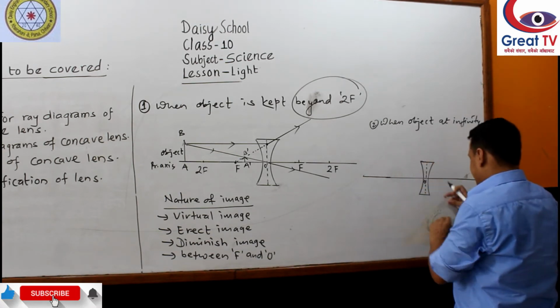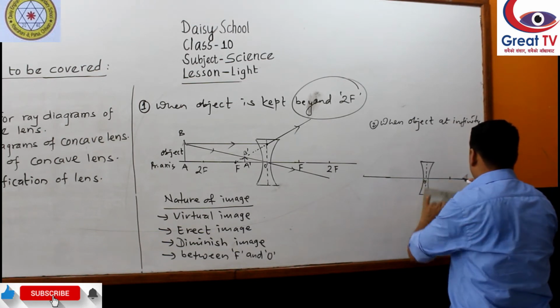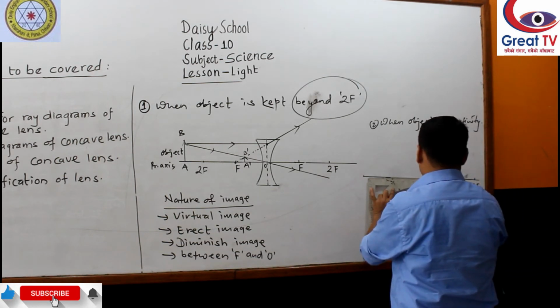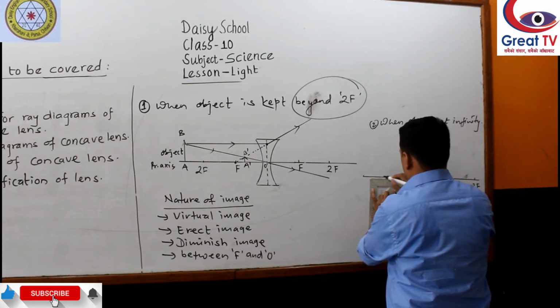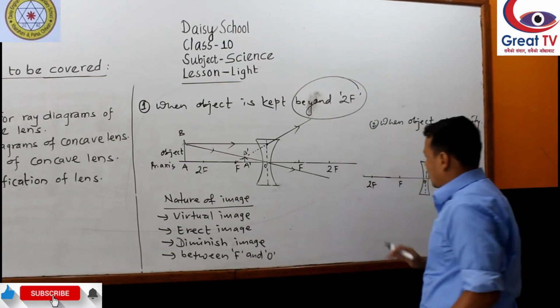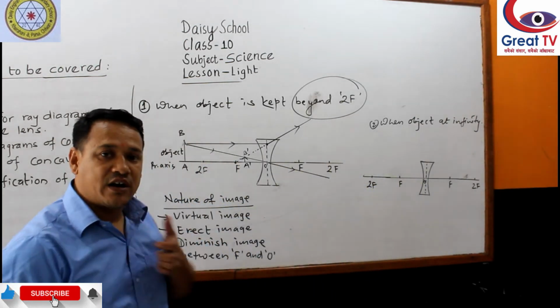Optical center. So F to F, this side also. F to F. So when the object is at infinity, we cannot keep the object on our copy.